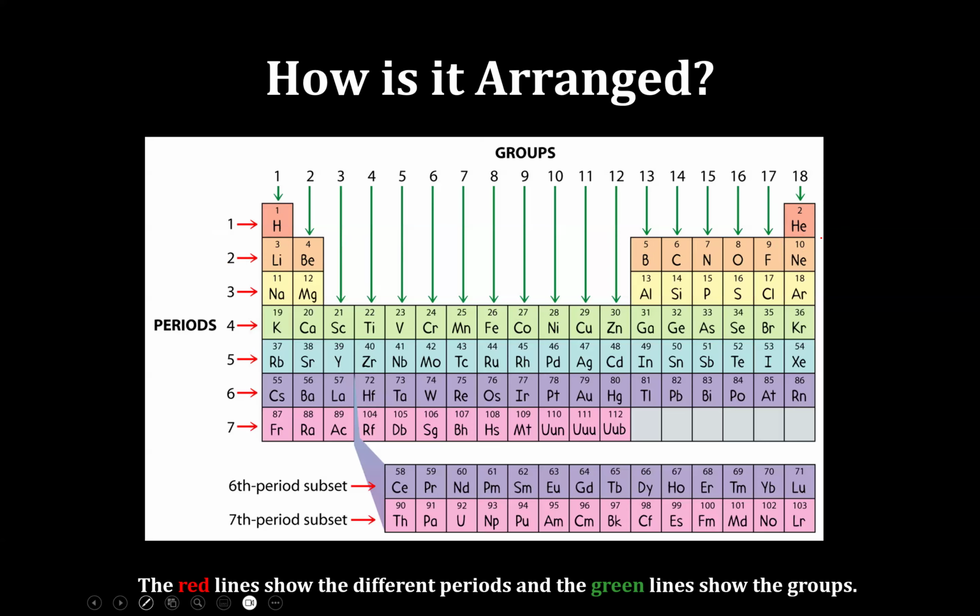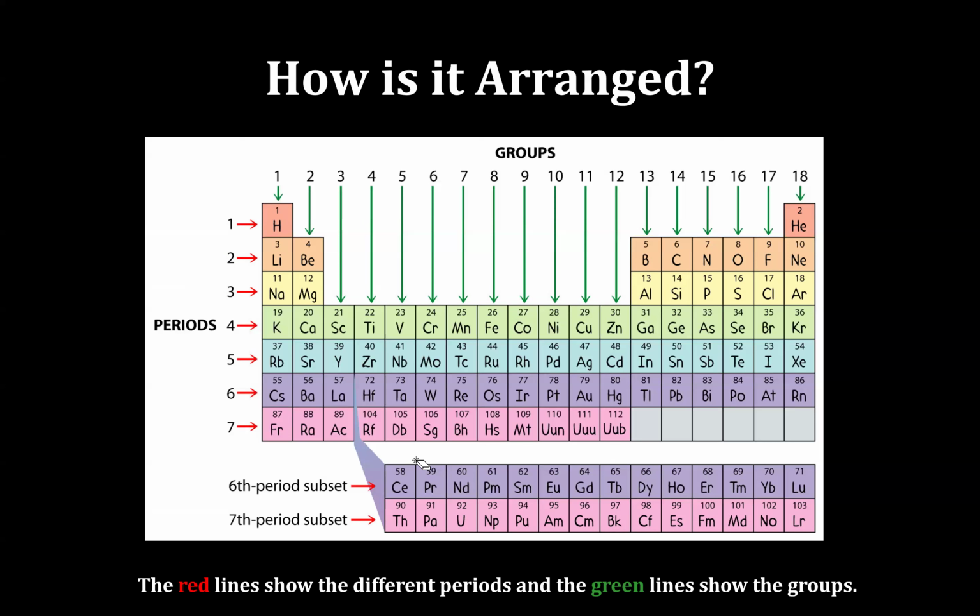The red lines show the different periods, and the green lines show the different groups. How many periods do you have? 7. Don't forget that this one is also part of period 6, and this one over here is also part of period 7. How many groups? 18.